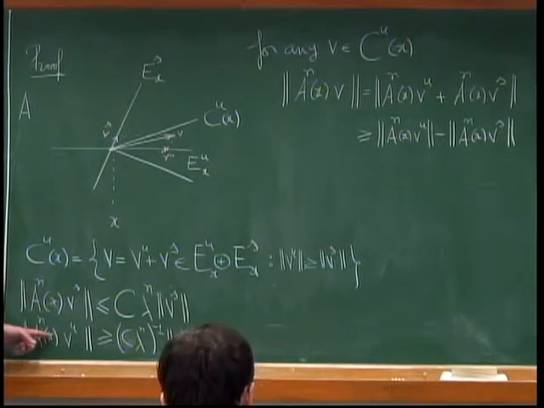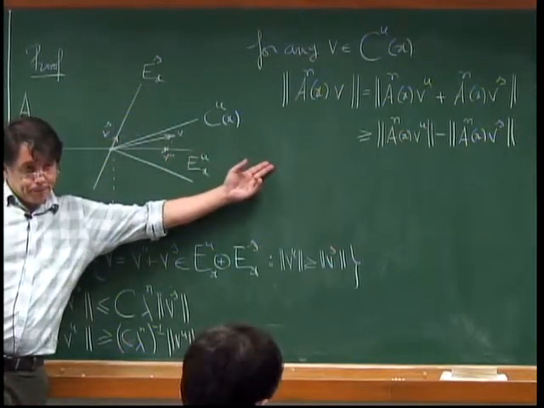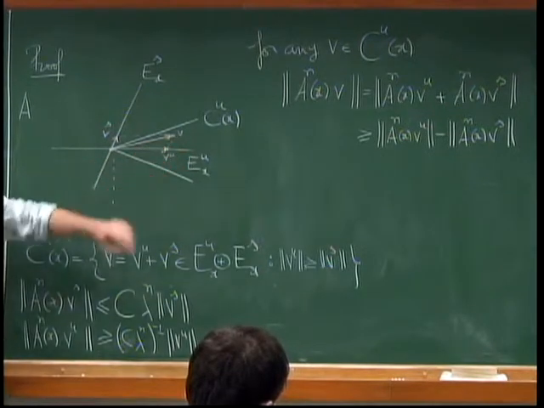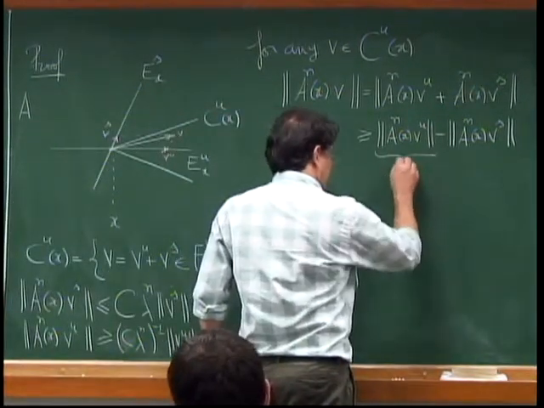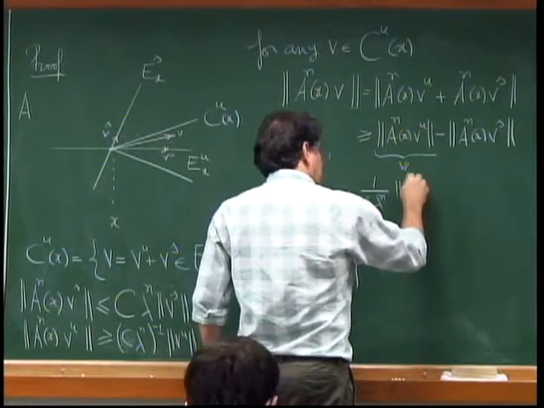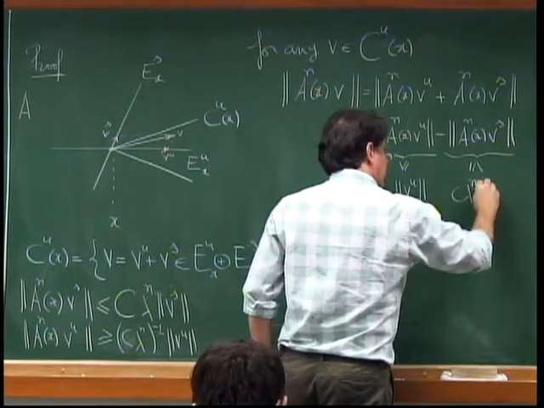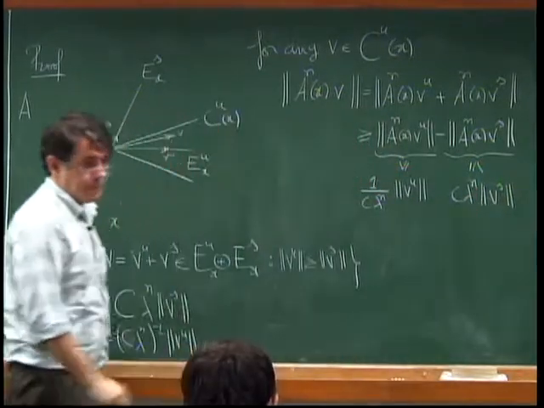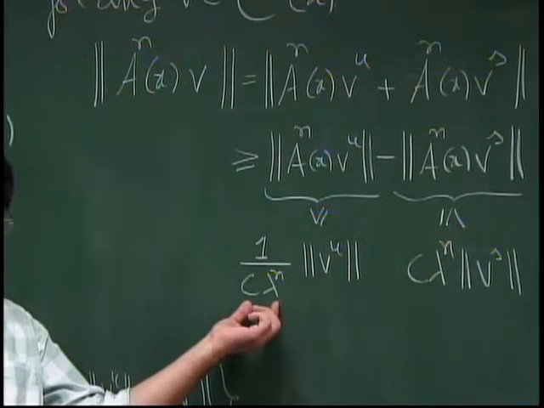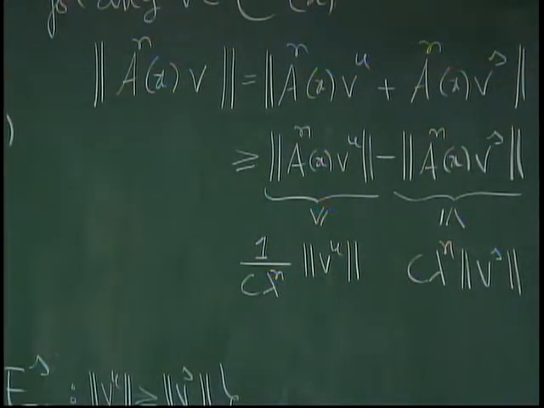Because I know that this component that points in the unstable direction by iteration is going to grow. The other component in the stable direction by iteration is going to decrease. So this here is bigger than 1 over C lambda^n times v_u, and this one is smaller than C lambda^n times v_s. Lambda is a number smaller than 1. So this thing here is very small for n large, which means that this factor is enormous and this is tiny. Okay?